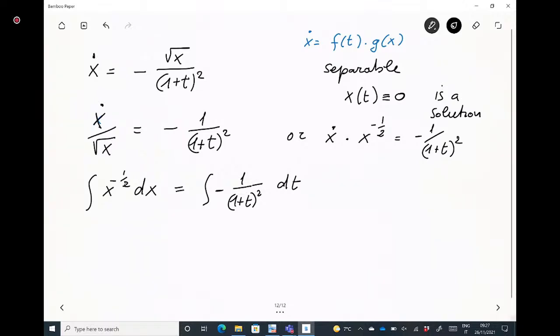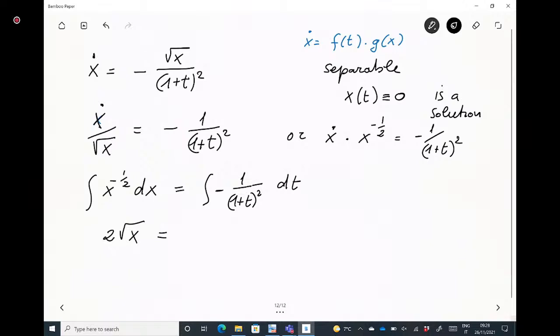Okay, so here I should increase the exponent by 1 unit, x to the power of 1/2, and divide by 1/2. So 2 square root of x is the result of the left-hand side, is equal to, what is the integral of minus 1 over (1 plus t) squared? It's a power function, not of t, but of 1 plus t.